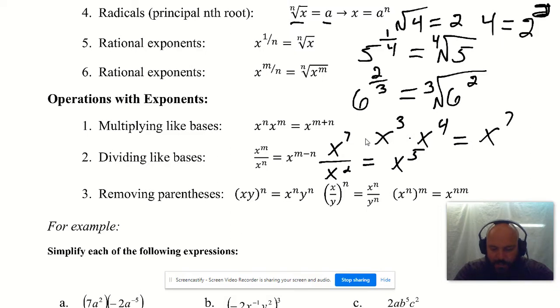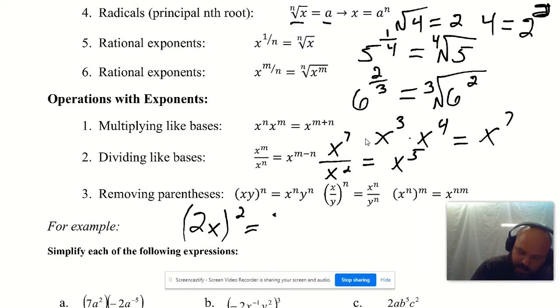And then the last one deals with when you are allowed to basically distribute the power. So these examples are showing you if you had 2x squared, you can write 2 squared times x squared. That is correct.